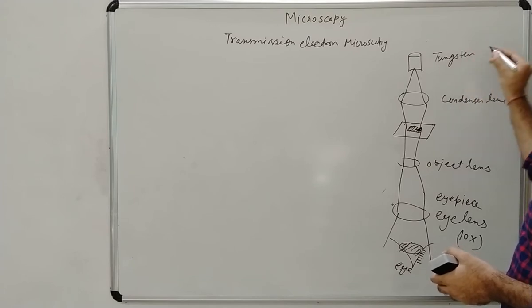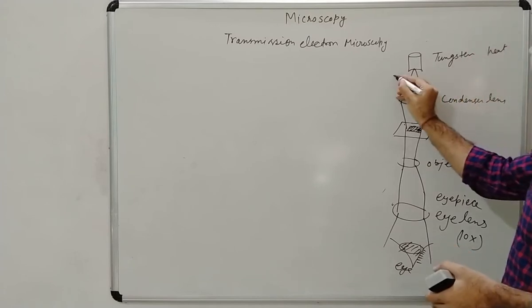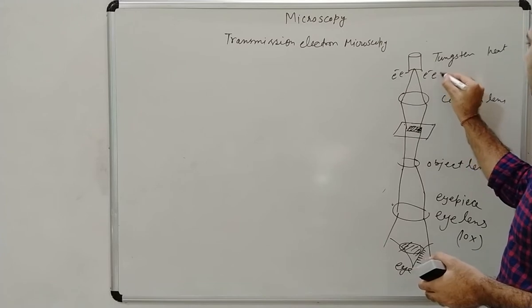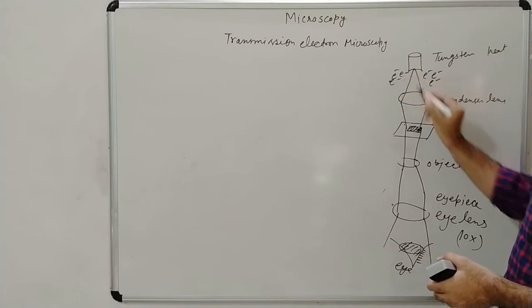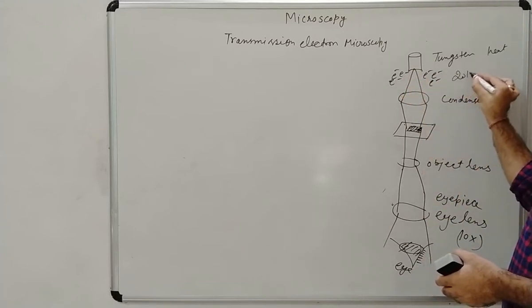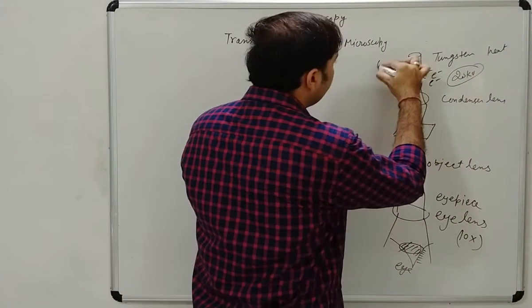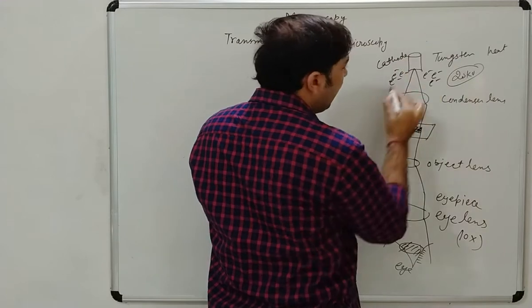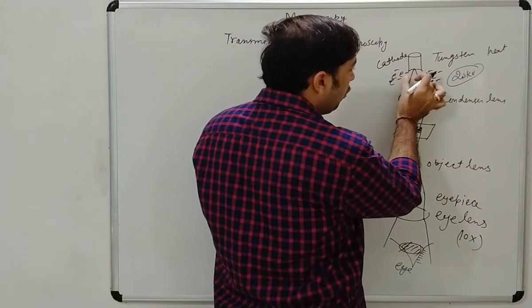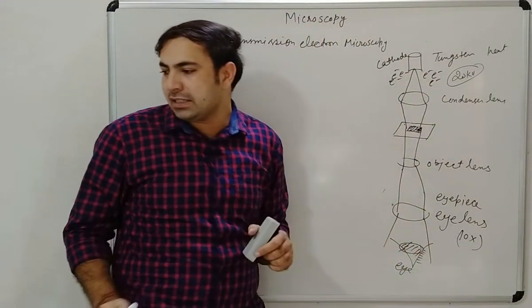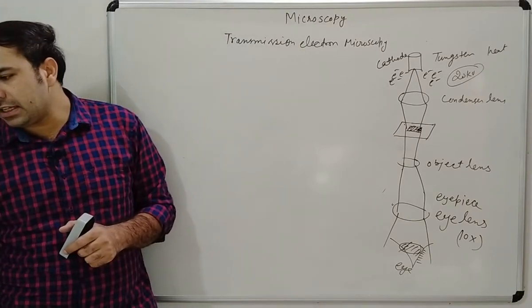When you heat the tungsten, it will generate electrons. Now we will provide 20 kilovolt electricity to the cathode, and electrons have a negative charge. Then we have to pass a single beam.